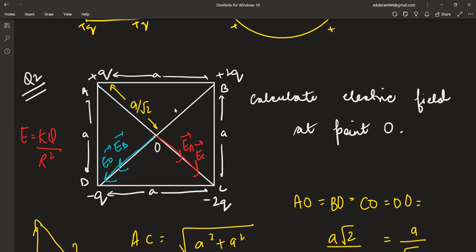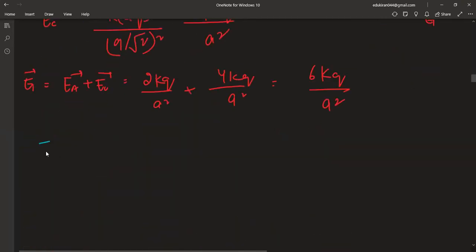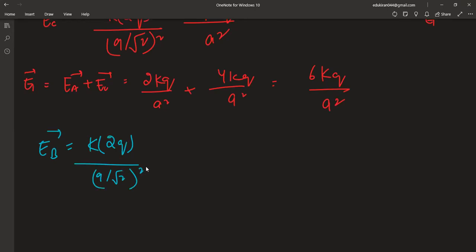Very good. This separation is also a by root 2. So we have the value of EB right now: k times charge 2q divided by a by root 2 whole square. So this becomes 4kq by a square.